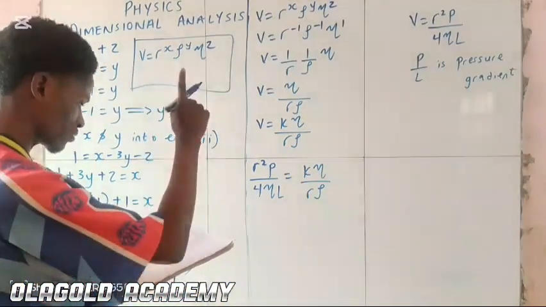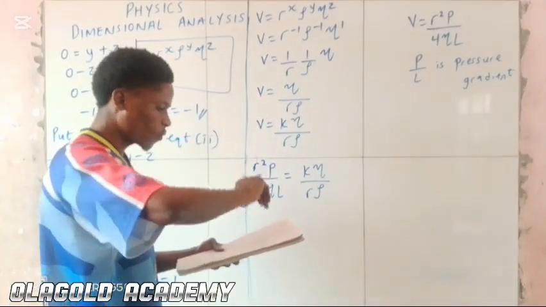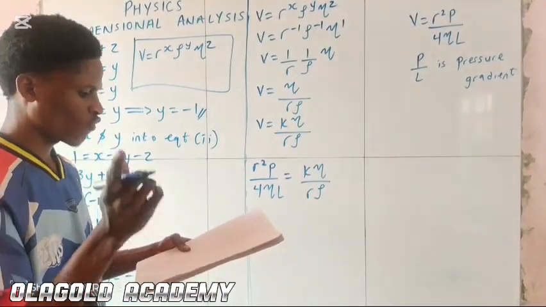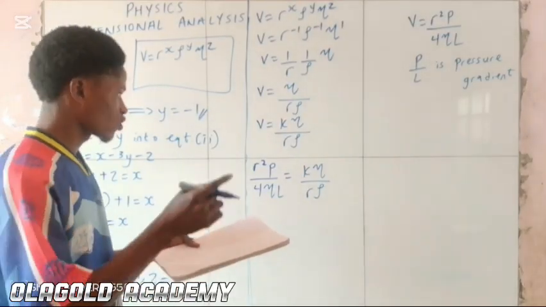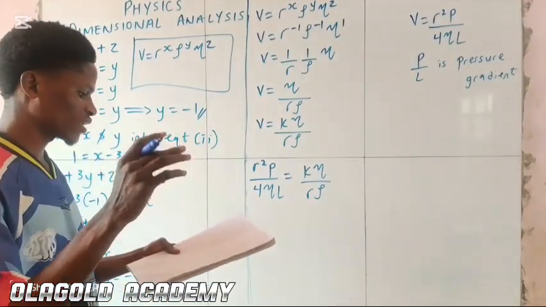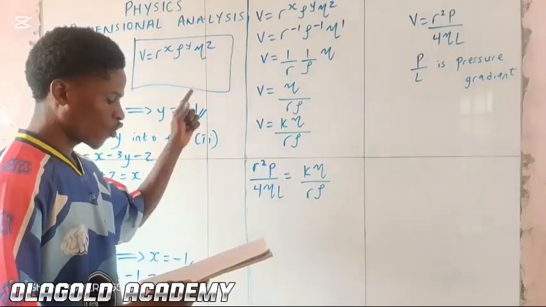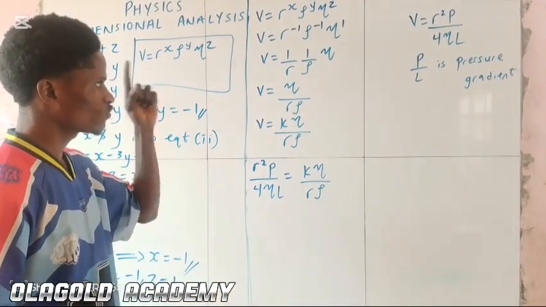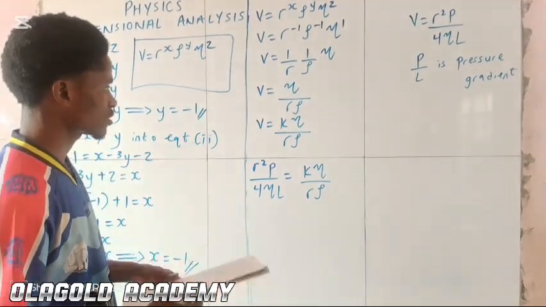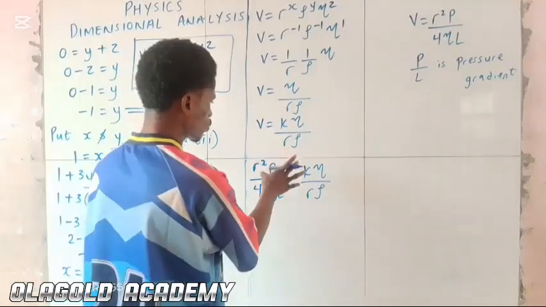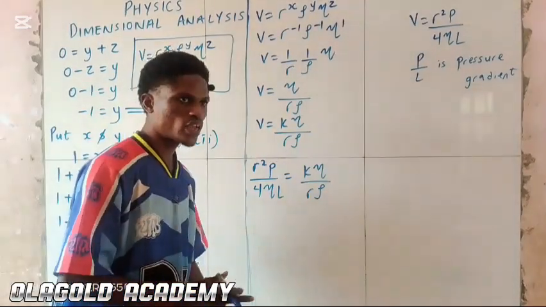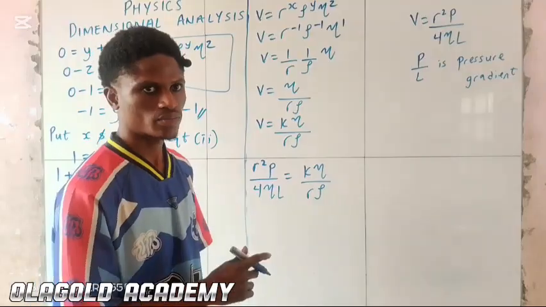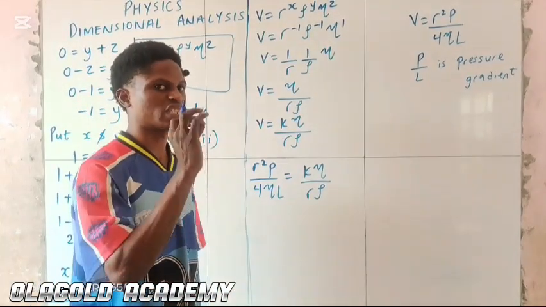Our task here, it says obtain an expression for the dimensionless constant. So it means that in this equation here, we are making k the subject of the formula. That is what it means.